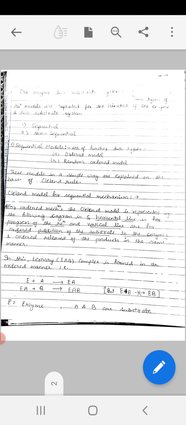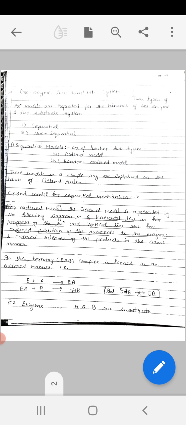For the ordered mechanism, the Cleland model is represented by the following diagram, in which the horizontal line is for the progress of the reaction.